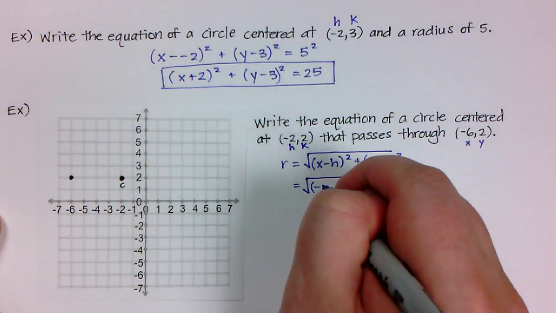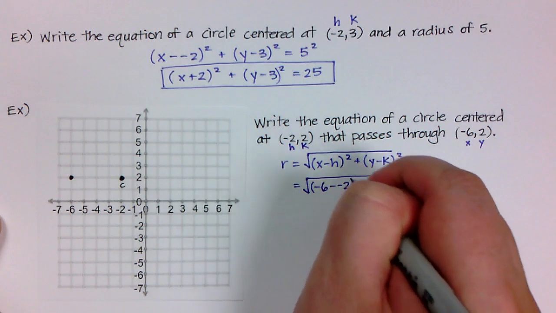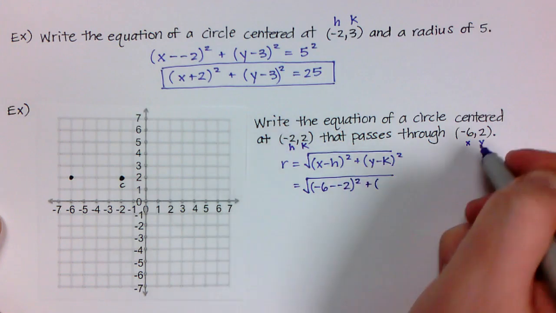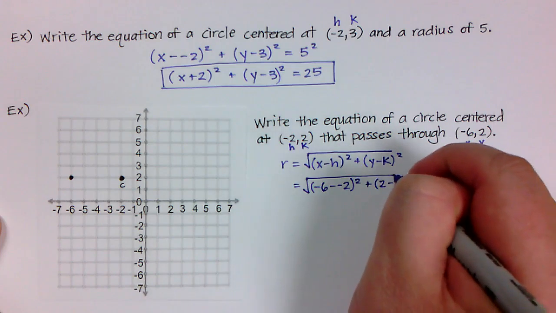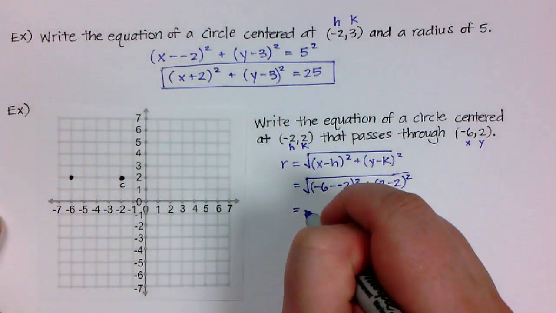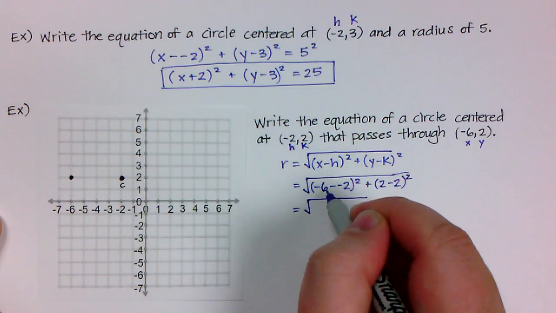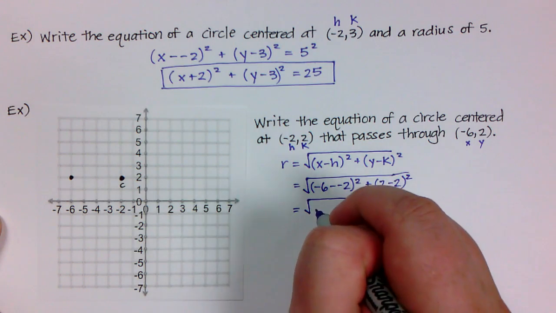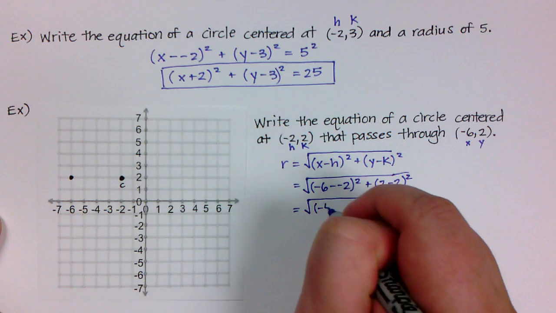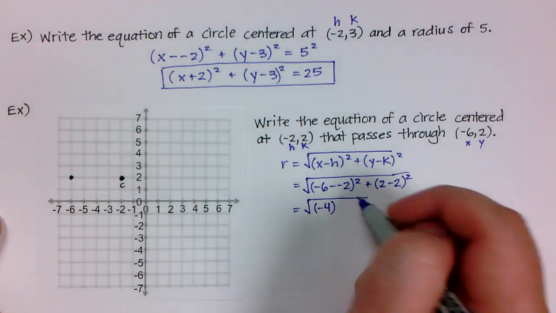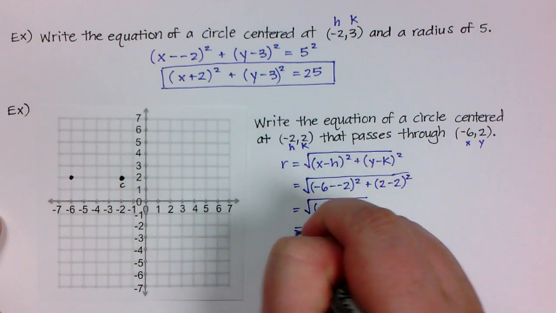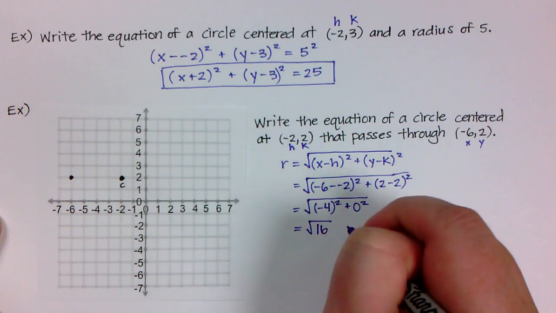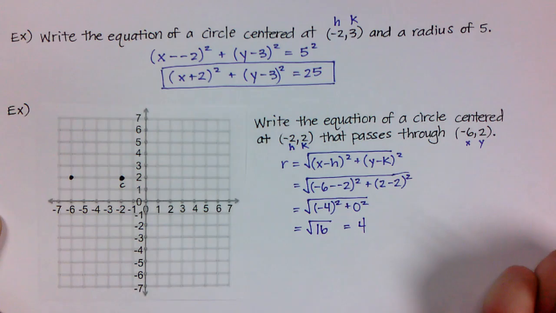x is -6 minus -2 squared, plus the y is 2 minus the k is 2, and I'm going to square that as well. So -6 plus 2 is -4, and we're going to square that, plus 0 squared. So we find that this is going to be the square root of 16, which is 4. So the radius in this example is 4.